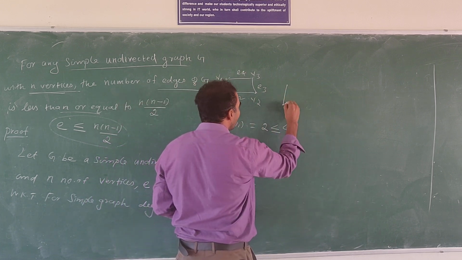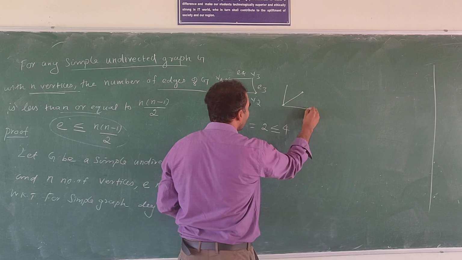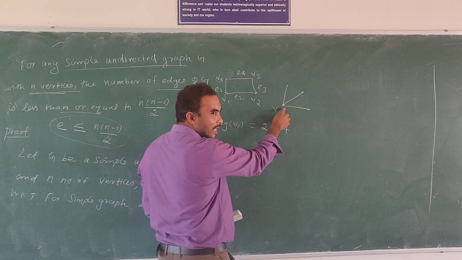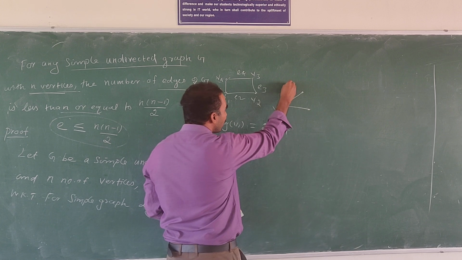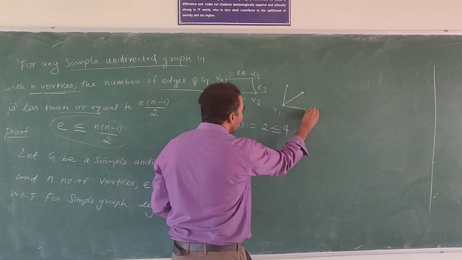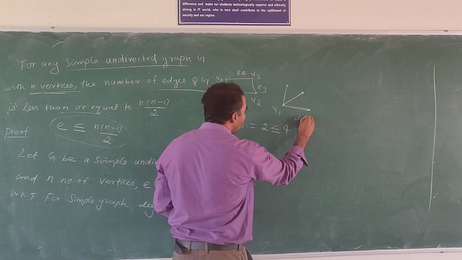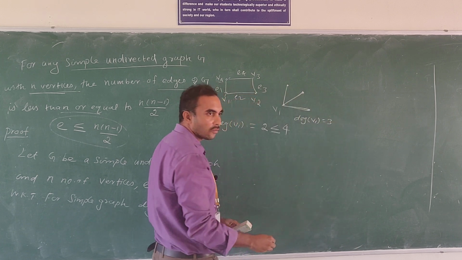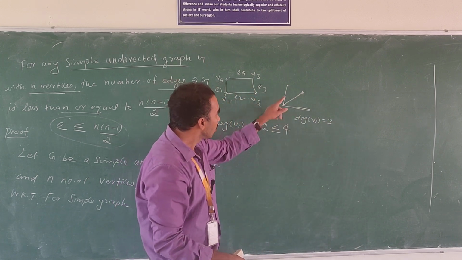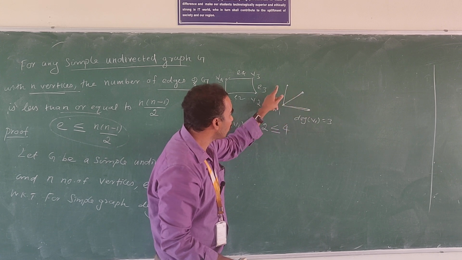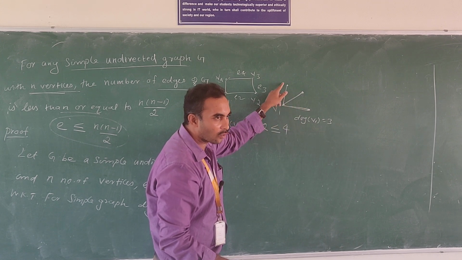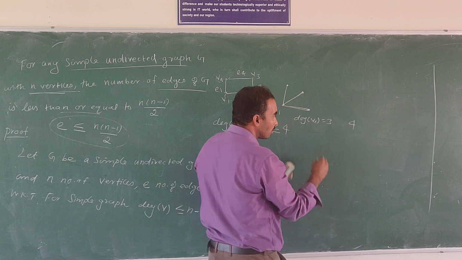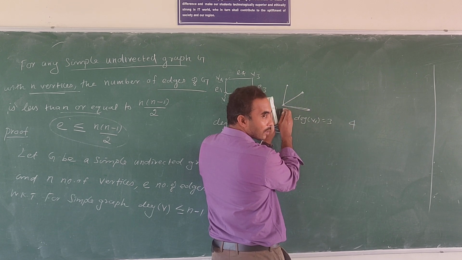For example, what is the degree of V1 for this graph? 1, 2, 3. So the degree of V1 is 3. What is the total number of vertices? 4. So this is the maximum one.